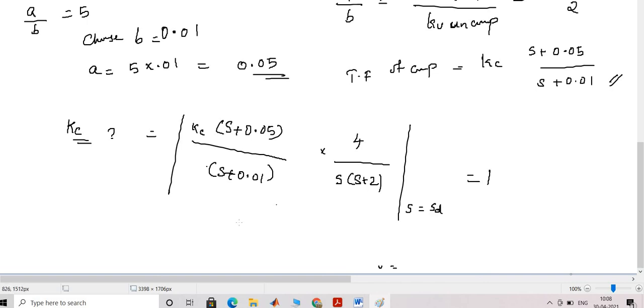This is the magnitude criteria. What is magnitude criteria? The magnitude of open loop transfer function.